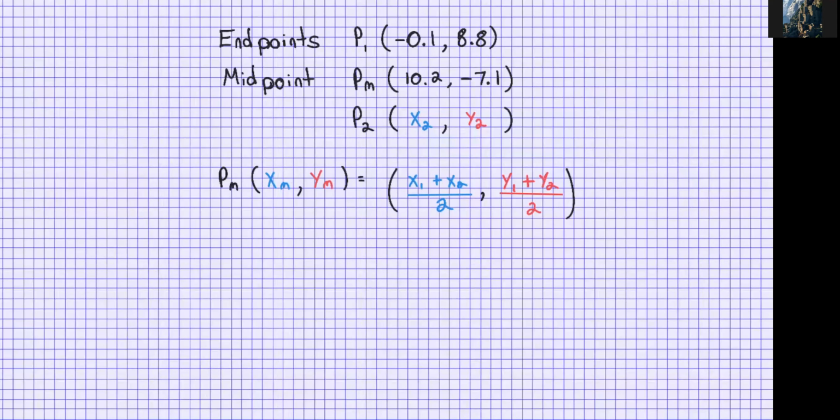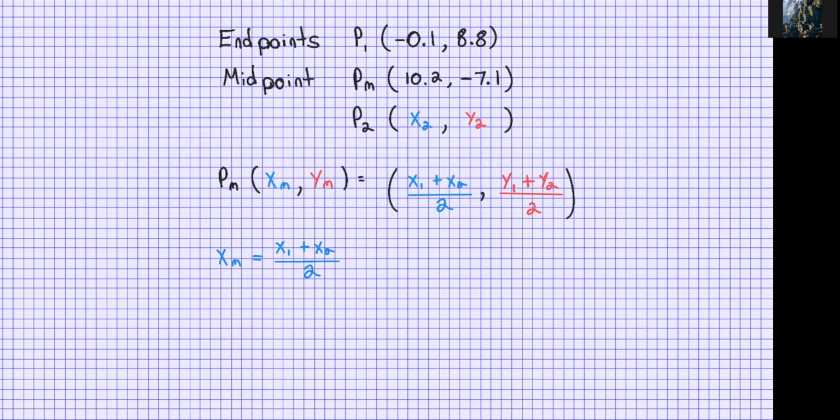So let's begin with the x coordinates. So our formula will go something like this. Xm equals x1 plus x2 divided by 2. So we are going to have to isolate x2.